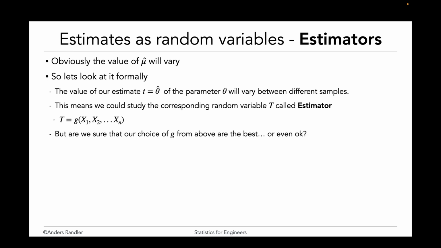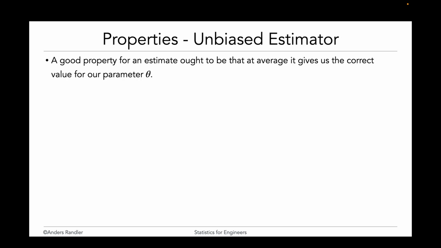But are we sure that our choice of g from above actually would be the best or even okay? So we have to study the statistical properties of the estimator a bit more. What we need to make sure is that this estimate would on average give us the correct value for the parameter we're talking about. In this case, this generic one, theta, but it could of course be the mu parameter in the normal distribution.